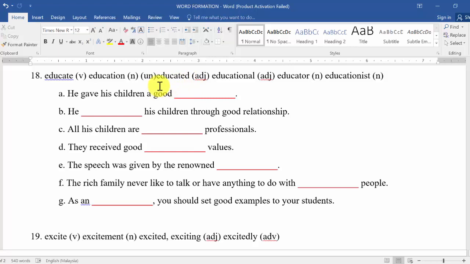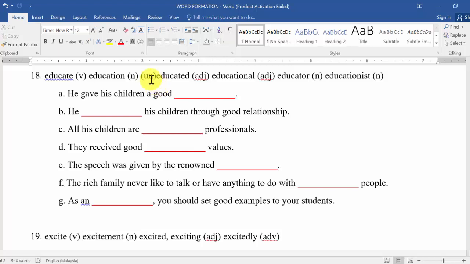When we use educated to describe a person, an educated person, it means that this person has studied a lot, has been taught in the school. Educated person, educated girl, educated daughter, means that this person has been taught in the school or has studied a lot in the school. Has studied means educated person.